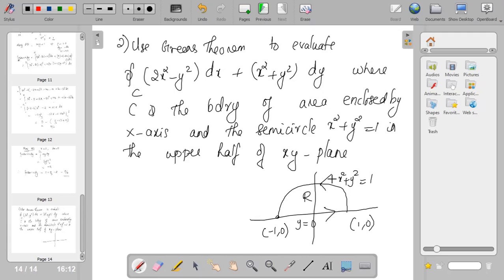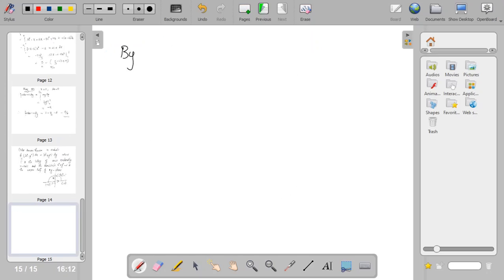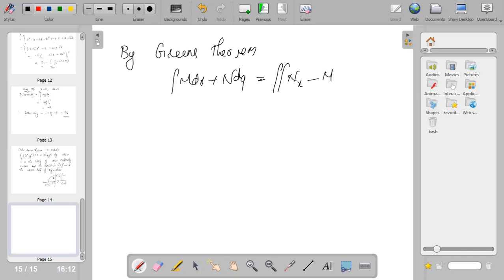Now we are asked to evaluate integral over C 2x square minus y square dx plus x square plus y square dy. So you are given an integral of the form m dx plus n dy. So by Green's theorem this can be evaluated as a double integral. So by Green's theorem, integral m dx plus n dy will be double integral nx minus my dA.